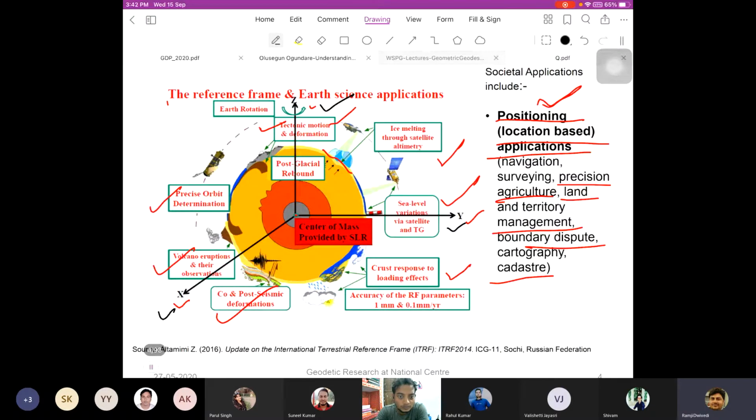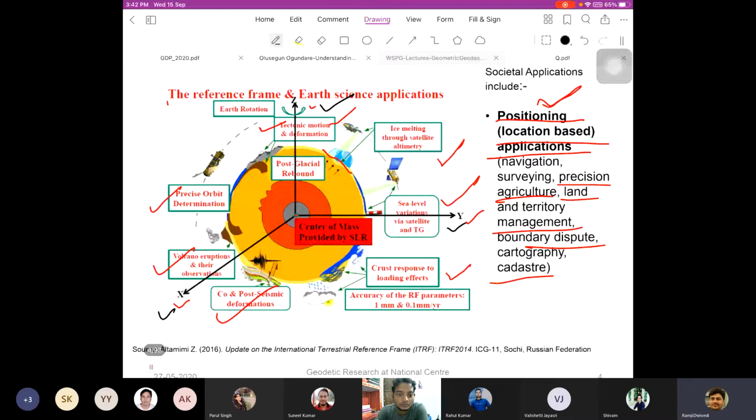And this classical geodesy, which was previously there, which only dealt with the estimation of points and defining the points on the surface of the Earth, has now grown into modern geodesy, which is nothing but a toolkit of high precision geodetic instruments, be it ground based or space based.